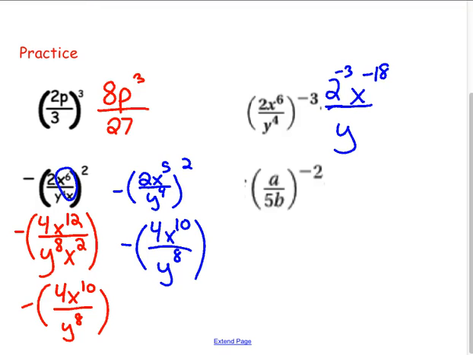The power of a power on the y also is going to give me a -12. Now again, recognize now I have a ton of negative exponents, okay? So I'm going to move that 2 down to get a positive exponent, the x down to get a positive exponent, and the y up to get a positive exponent. Then, of course, 2 to the third, we know is just 8.